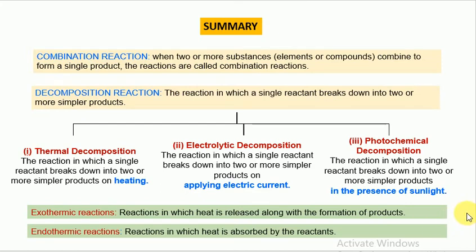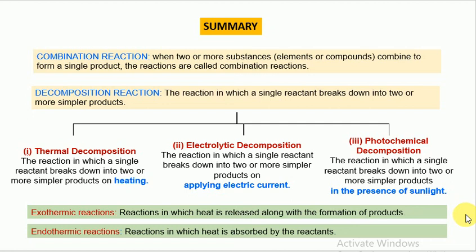So the summary of this lecture is, we have studied here combination reaction and decomposition reaction. Decomposition reaction is of 3 types, and there are another 2 types of reaction, exothermic and endothermic. In a combination reaction, 2 or more substances combine to form a single product, and a decomposition reaction is a reaction in which a single reactant breaks down into 2 or more simpler products.